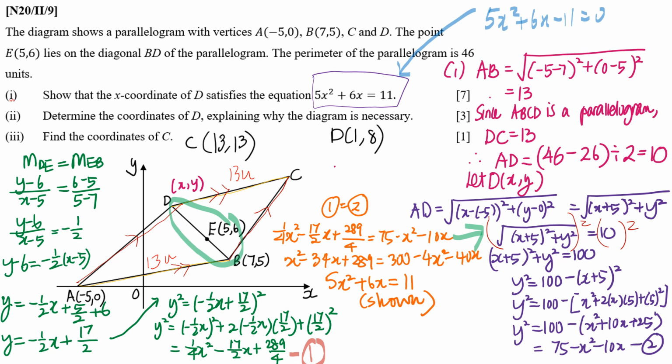That is a wrong concept, because you need to show this equation. Okay, you have to show the equation. You can't just use it and work backwards. In part 1, you have to work forward, which means you have to finally show that you have 5x squared plus 6x equals 11.